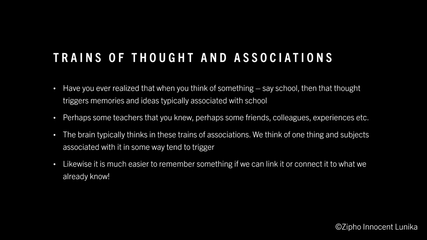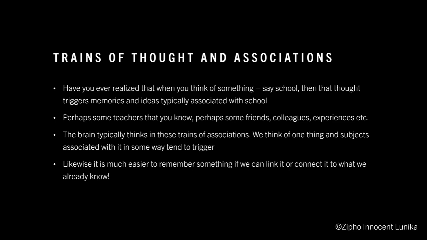This is how our brain works. We think of a single idea, then that idea triggers another idea, which is associated with the previous idea. This seems to be the train of thought. It's association and images.